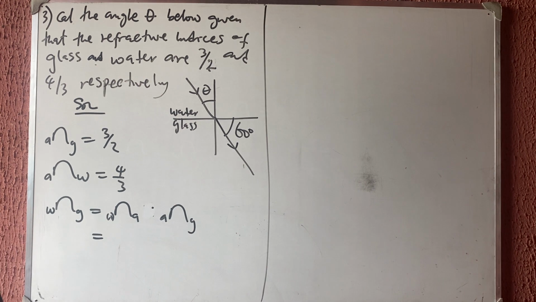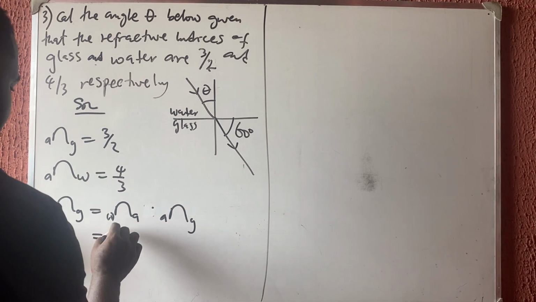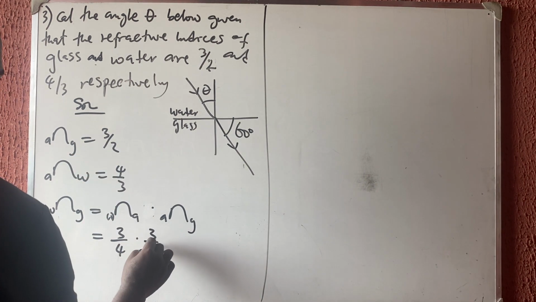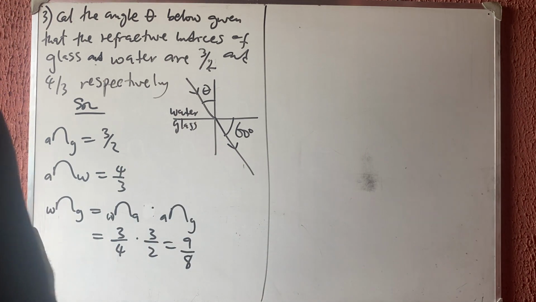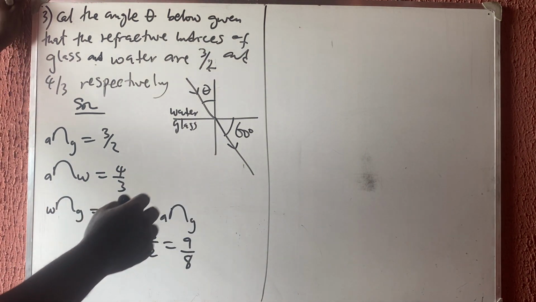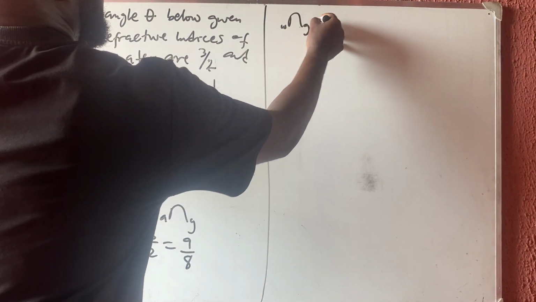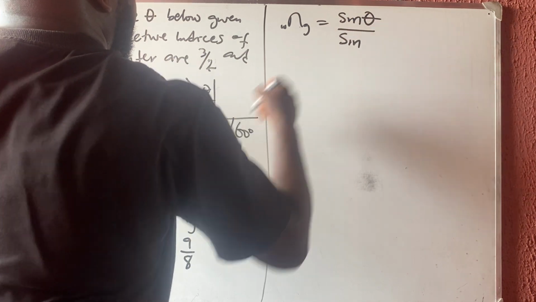If air to water is 4 over 3, water to air will now be 3 over 4, times air to glass, 3 over 2, which will give me 9 over 8. Now you should know again that the formula for refractive index from water to glass is the sine of the water divided by the sine of the glass.